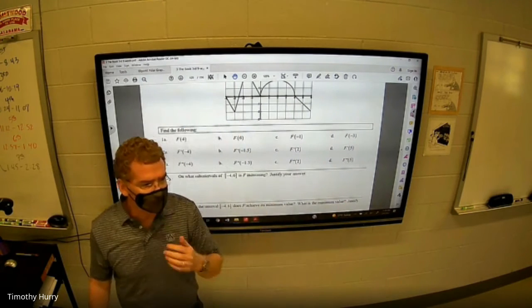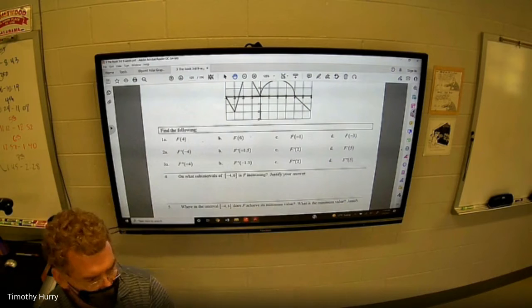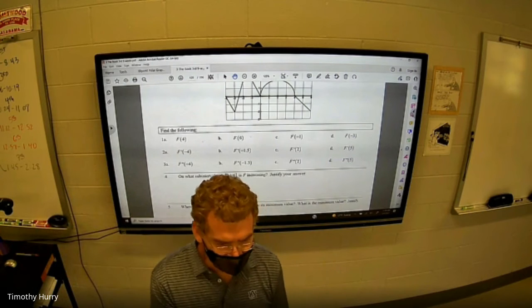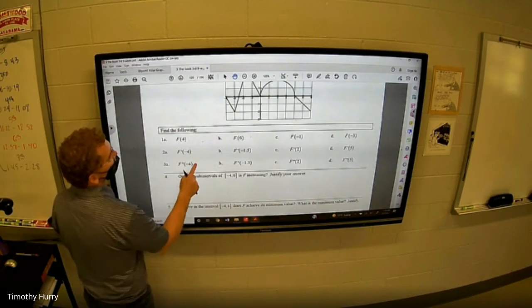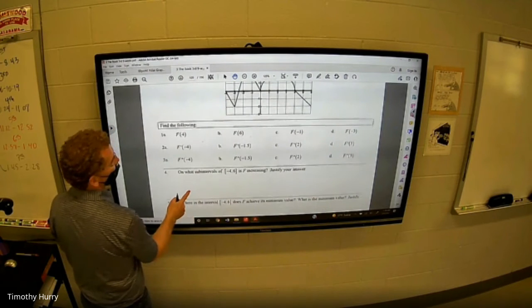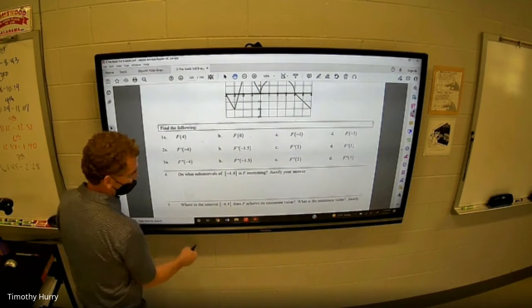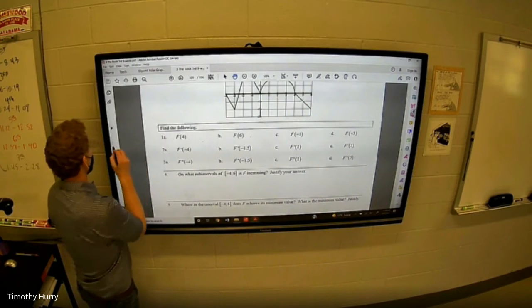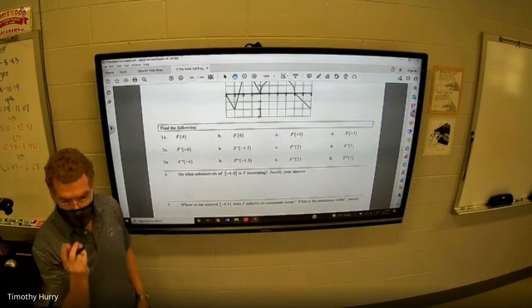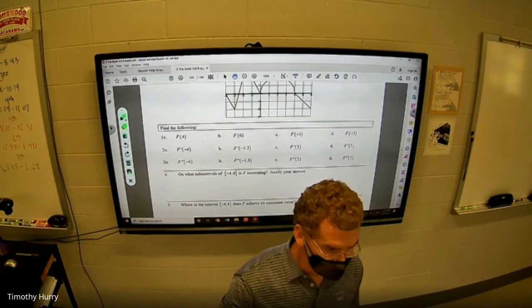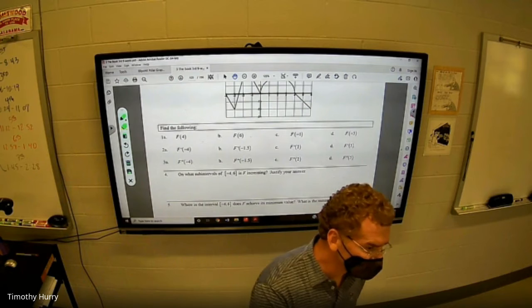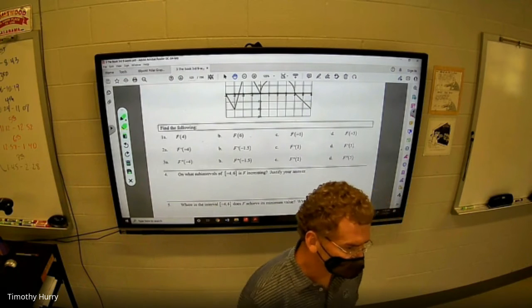So first thing, where do mins occur? Forget the picture. Where does a min of big F happen? And I'm going to try to squeeze it in right here. Where does a min occur of any function? A min occurs when its derivative is 0 or DNE and changes from negative to positive.